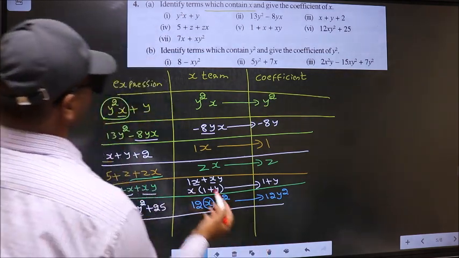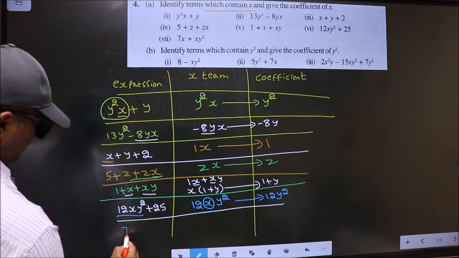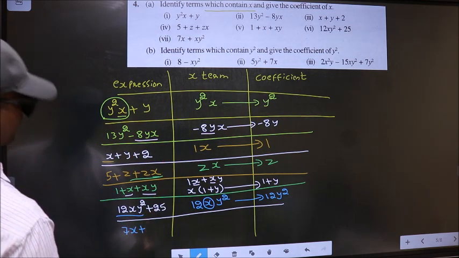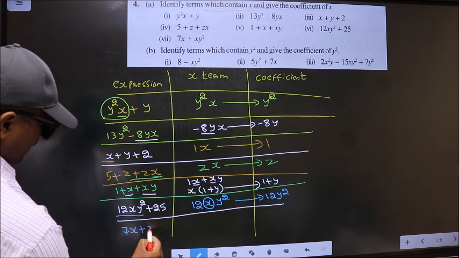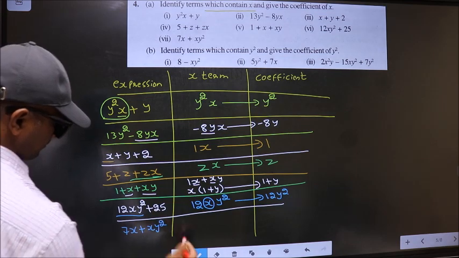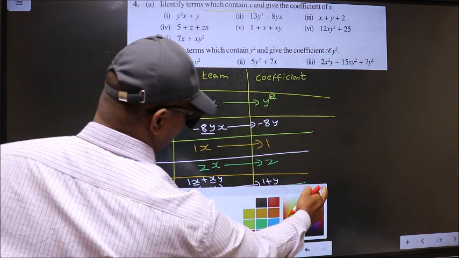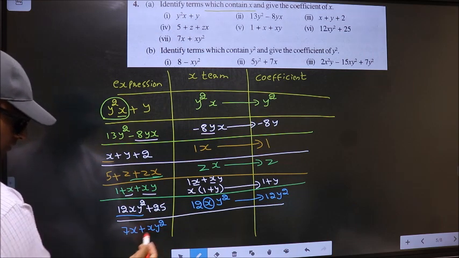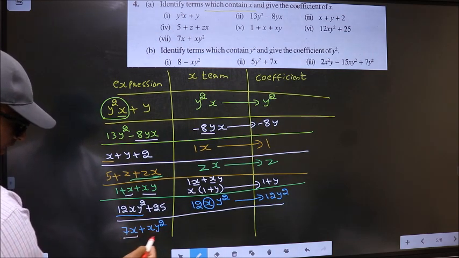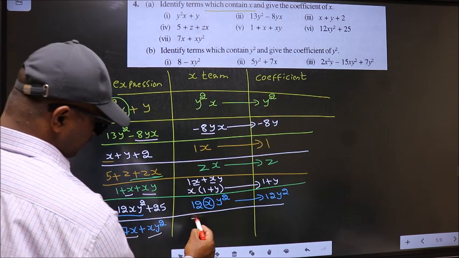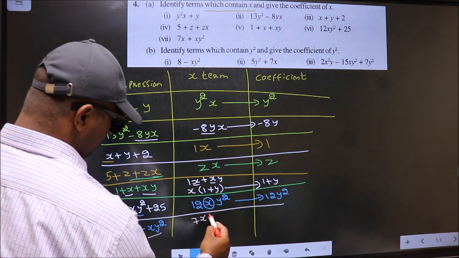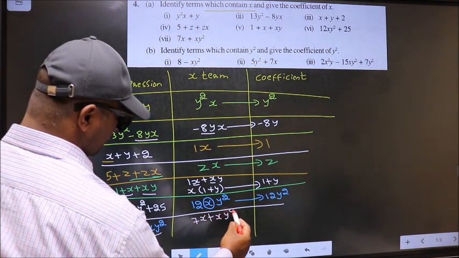Next, 7x plus xy square. Now, in this, wherever do you have x? Here and here. So write both, 7x plus xy square.